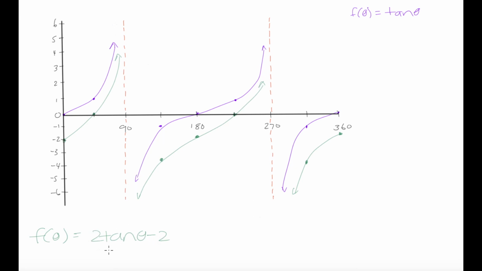And then this a number is going to tell us the distance between each of our points. Usually with our tan graph, we have a distance of 1 unit between each of these points, and in this graph, we can see that we have 2 units between each of these points, and that's because we have a value of 2 over here. So that is how we can very quickly and easily sketch out these tan graphs without having to do very much work at all.